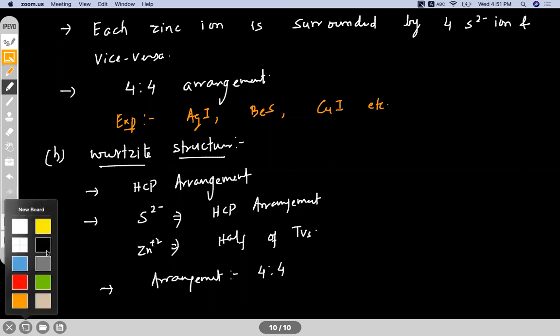Now, another one is the second type of molecules, AB2 type. We also call it fluorite structure. Okay, fluorite structure, important.